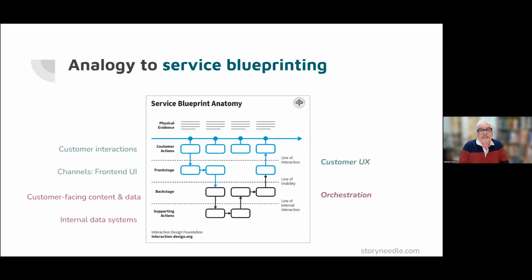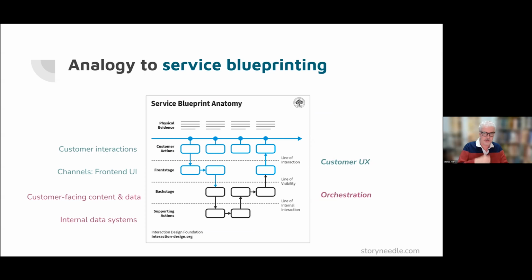All right, that sounds very technical, I know, but let me try to take this out of the technical context and maybe put it in a frame that some of you might be familiar with. So maybe some of you are familiar with service design, and with service design, there's a concept of service blueprinting. In the center here is a conceptual diagram of what service blueprinting is about.